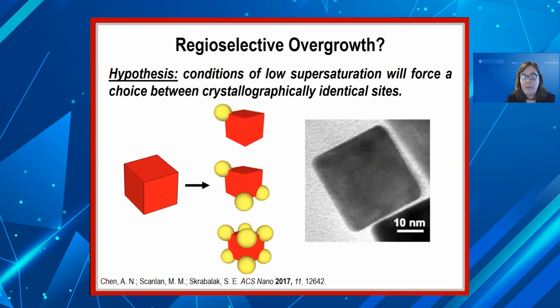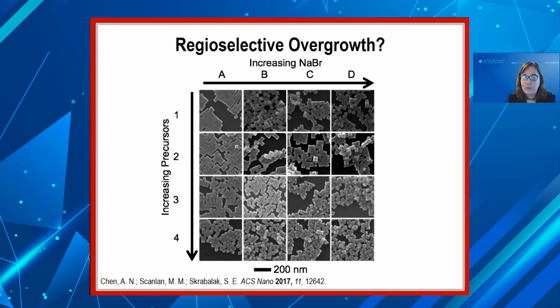So in our initial experiments, we took palladium nanocubes and deposited gold. As you go down a column, we have an increasing amount of gold relative to the number of seeds in solution. And as you move across a row, we have increasing sodium bromide concentration. The sodium bromide was added to the synthesis to passivate the surfaces of our nanocubes.